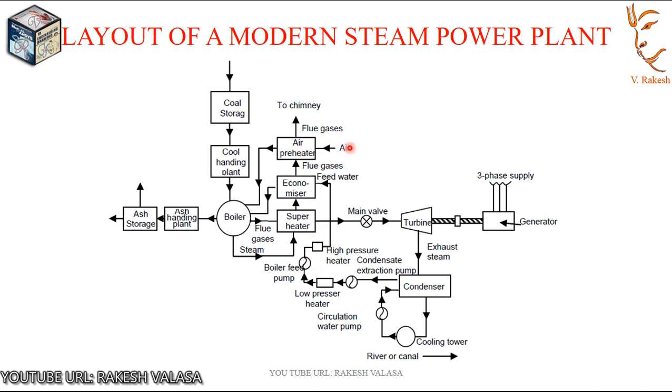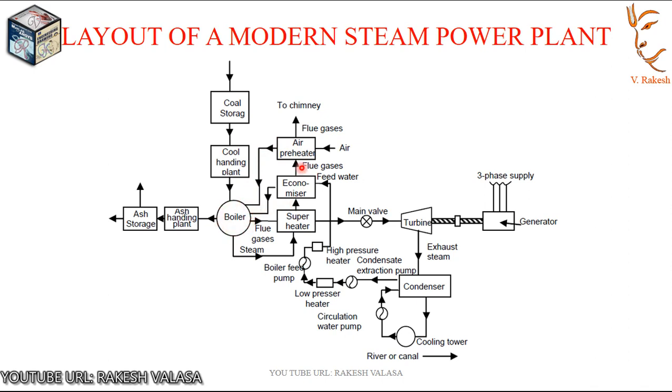Air taken from the atmosphere is first passed through the air preheater, where it is heated by flue gases. The hot air then passes through the furnace or boiler.